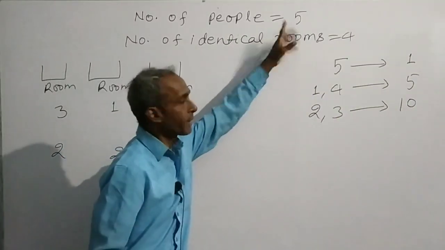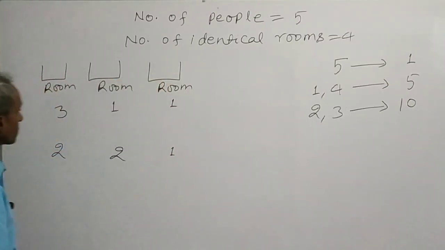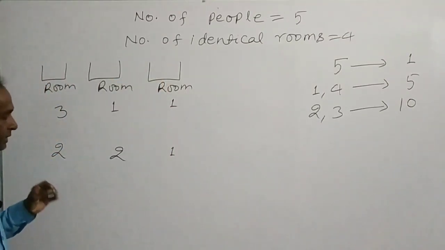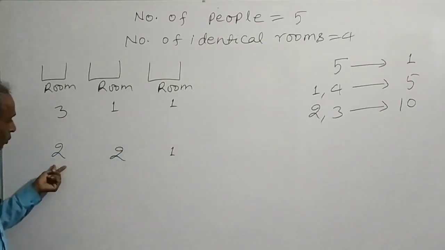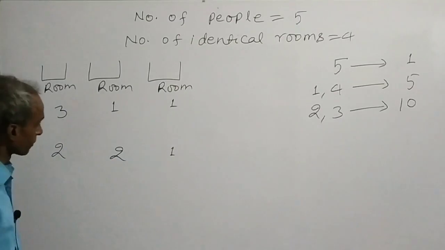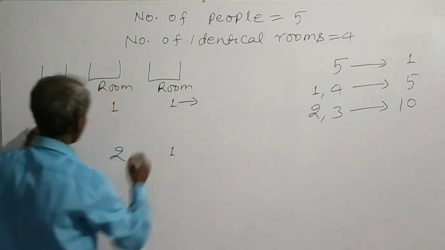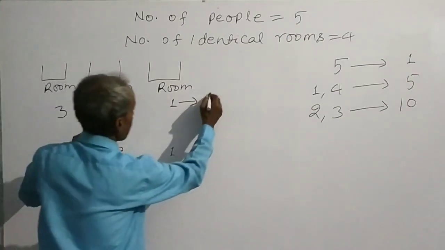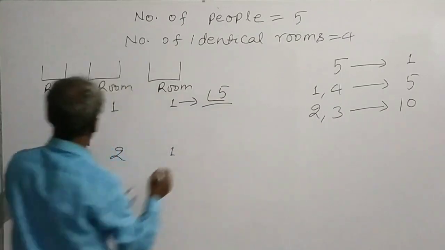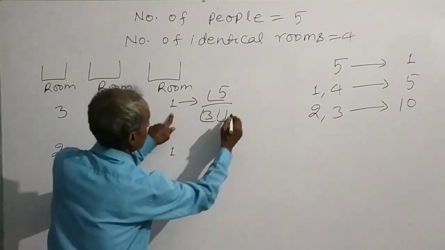When 5 people are distributed among 3 identical rooms, they can be distributed in numbers 3, 1, 1 or 2, 2, 1. The number of ways of distributing in numbers 3, 1, 1 will be factorial 5 by factorial 3, factorial 1, factorial 1.